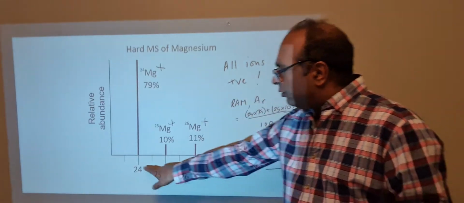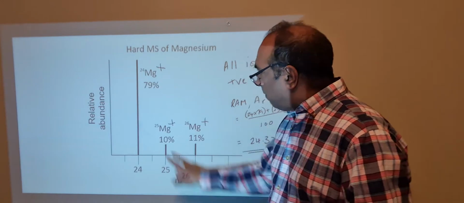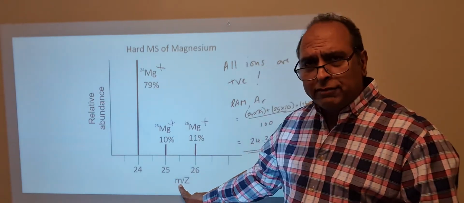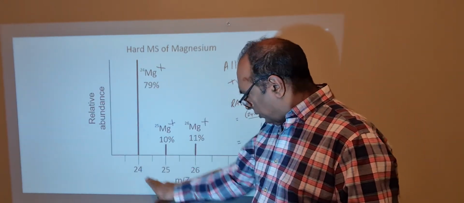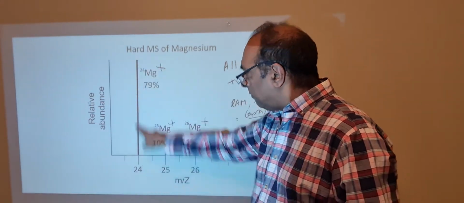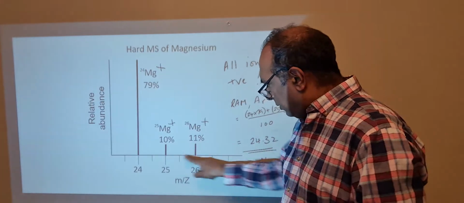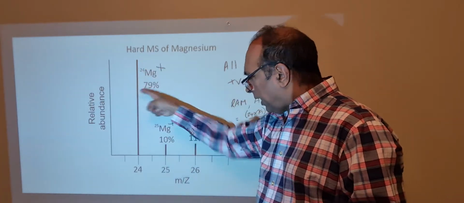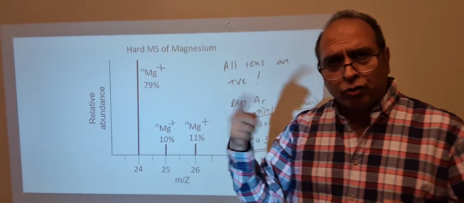The charge is 1, the numbers are mass. So magnesium atoms that weigh 24 units with a charge of 1 plus, 24, there are 79% of them. If you measure that height, that is 79% of the total height, where the total height is 100%.